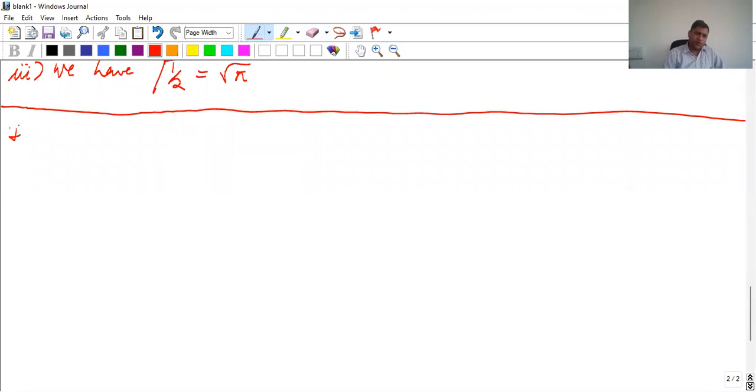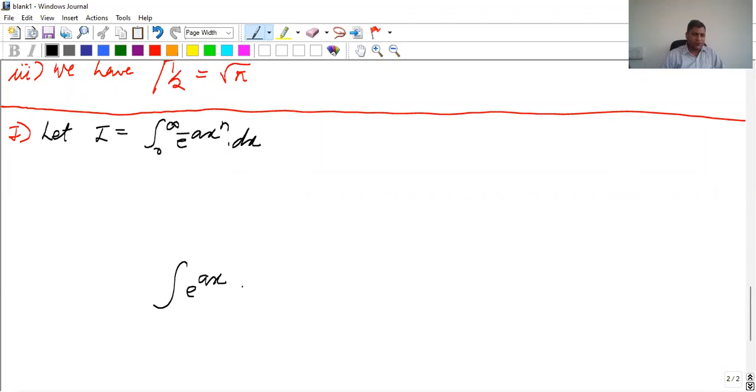So let's go with the first one. Having that I is equal to integral 0 to infinity a raised to x, x raised to n dx. This is the integral that we want to solve. If it is integral e raised to minus x dx, it becomes easy to solve.